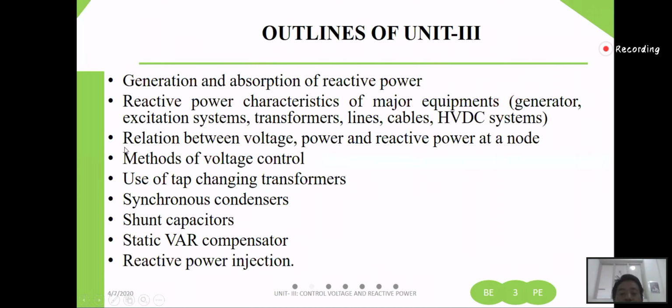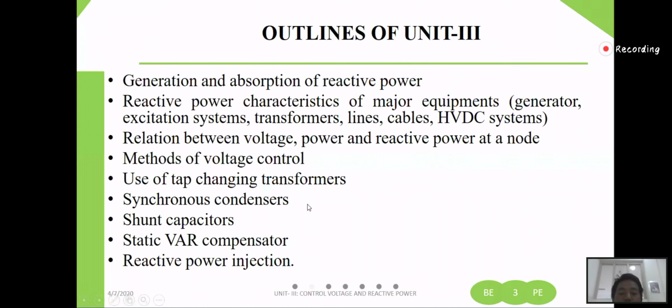Then the relation between voltage, power, and reactive power. You already know this relation: P equals VI cos phi, Q equals VI sin phi, so we will not touch it again. Next, methods of voltage control, and then the use of tap changing transformers in voltage control and reactive power.